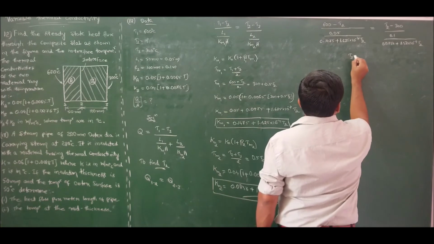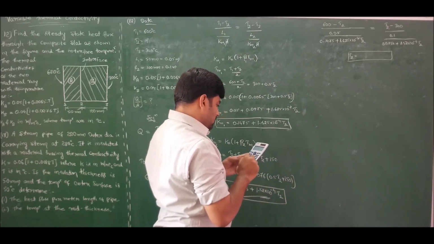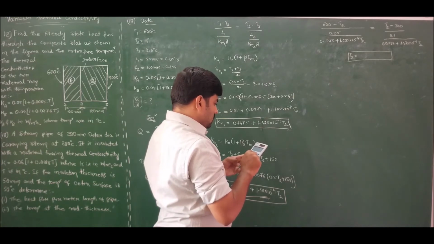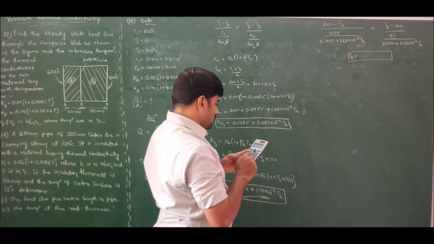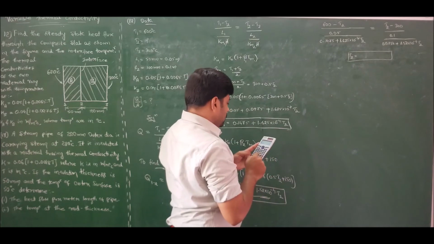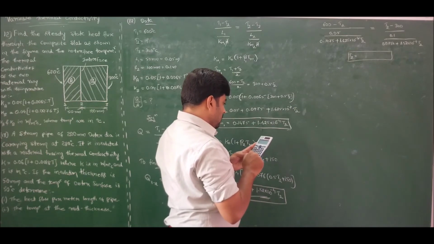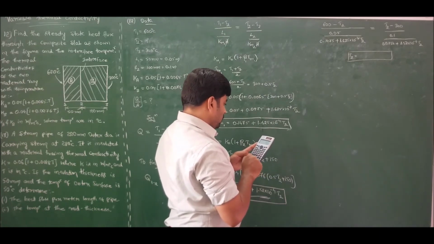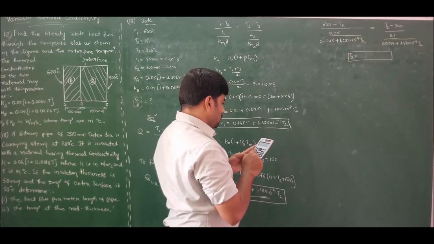So hence, if I solve, I will get the value of interface temperature T2 as: (600 minus T2) into (0.1475 plus 1.625 into 10 to the power of minus 4 into T2), divided by 0.05, must be equal to (T2 minus 300) into (0.0856 plus 1.52 into 10 to the power of minus 4 into T2), divided by length 0.1.